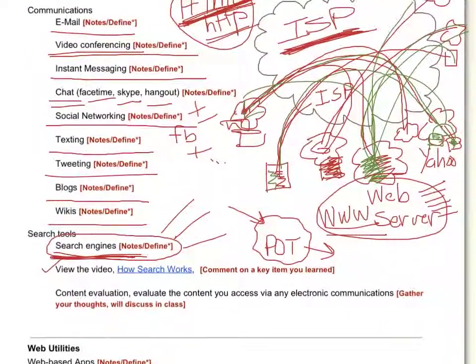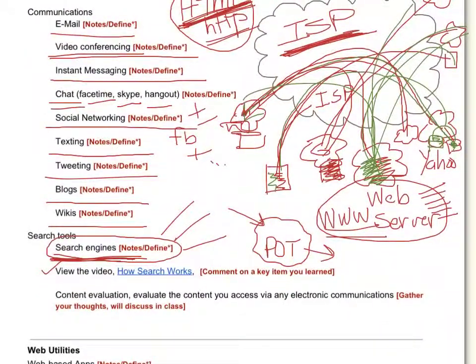Probably, if we list the most important thing in this particular video, it is this right here. Content evaluation. It's very important that you evaluate the content you access via any electronic communication, especially through the internet. What do we mean by this?